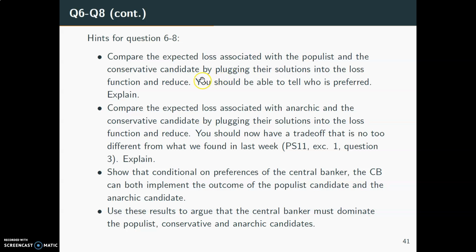Doing that, you should be able to see that one of these two candidates will generally have a higher expected loss than the other one.